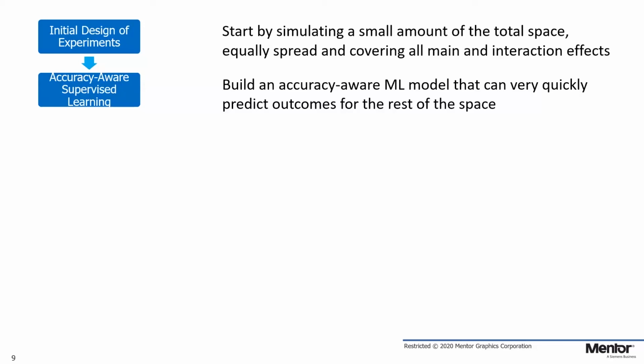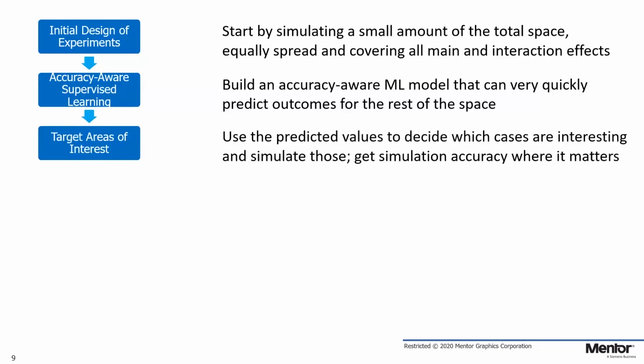So we can take our supervised learning model and say, let's predict the entire space, get answers for the entire space, and then start diving into the areas of interest. So, in that DC gain on an op-amp example, we can start looking at the area where there's low DC gain predicted by the model. We can go through and start running low DC gain points, which is really cool.